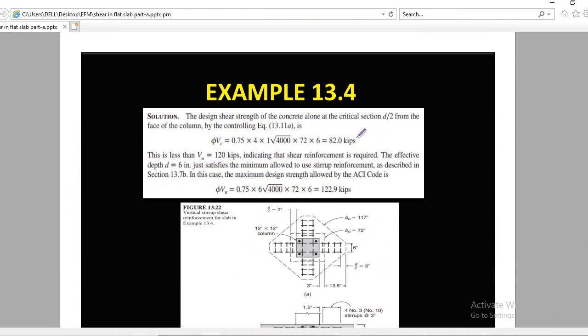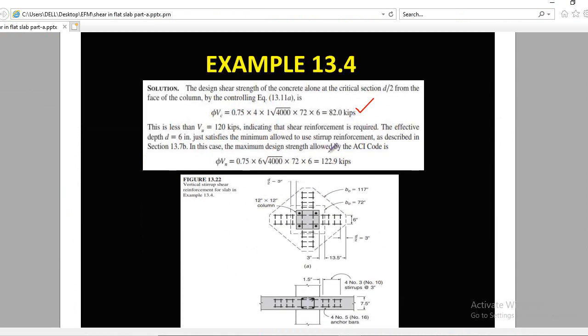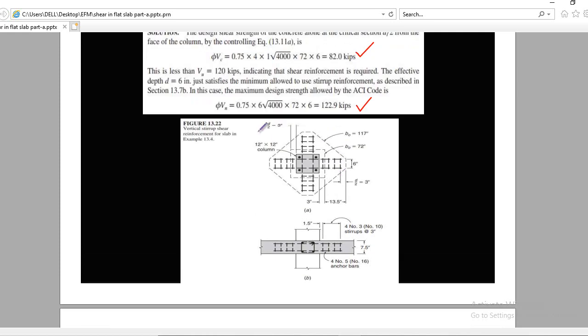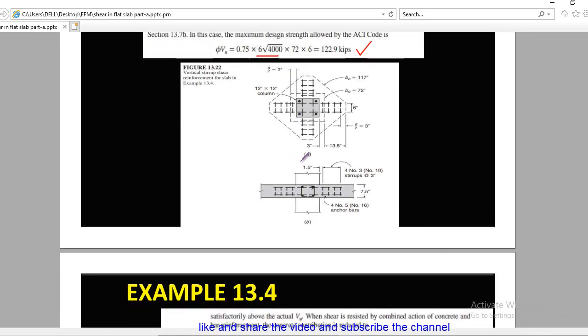You see, phi Vc is this one, and phi Vn is 122.9. This is the final design. You see here the outer perimeter. The principle is the same as we discussed for the shear studs. The only difference, you see, is that in that case we used 8, here they are using 6, and the rest of the things are the same, I think.